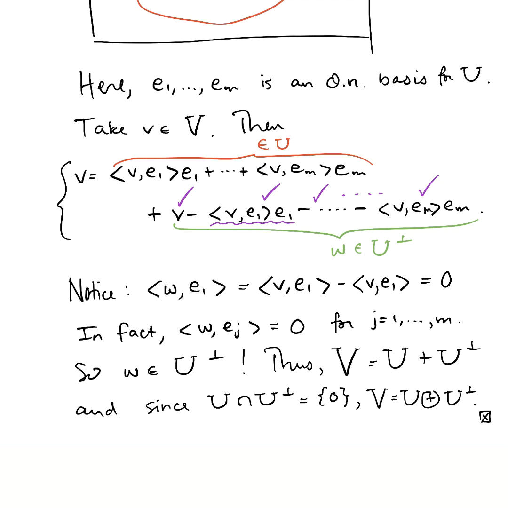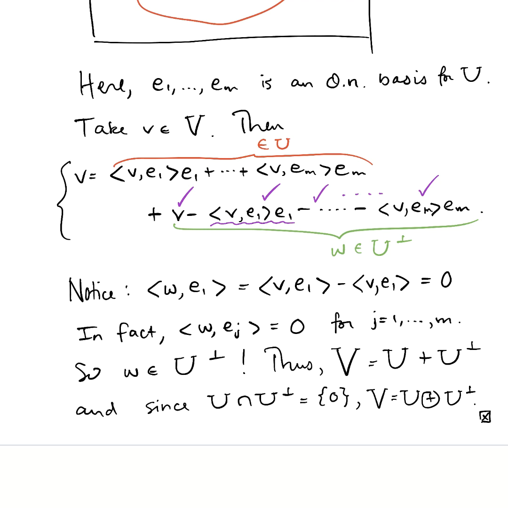So that's a theorem. We just proved it. We just proved that if U is a subspace of V, then V is equal to U direct sum U perp. So you can always break down the structure of a big inner product space as a direct sum subspace plus subspace perp.